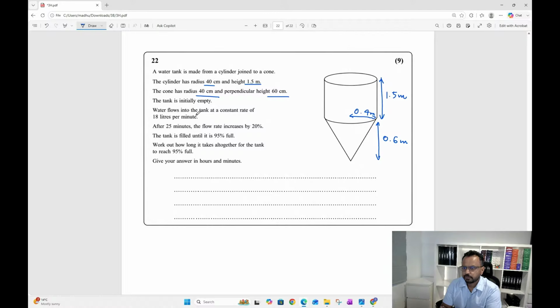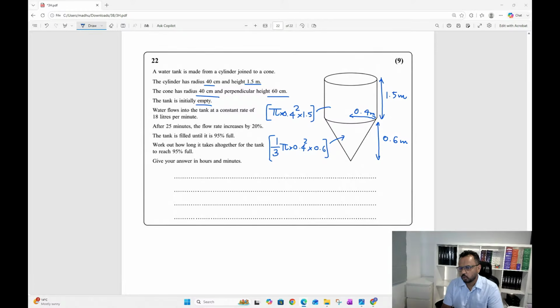The tank is initially empty. So we will need to find the volume of the tank. How do I find the volume of the tank? Volume of the cylinder is pi times 0.4 squared times 1.5. Volume of the cone is 1/3 pi times 0.4 squared times the perpendicular height, 0.6. So I know the volume of the full thing by just adding them up.